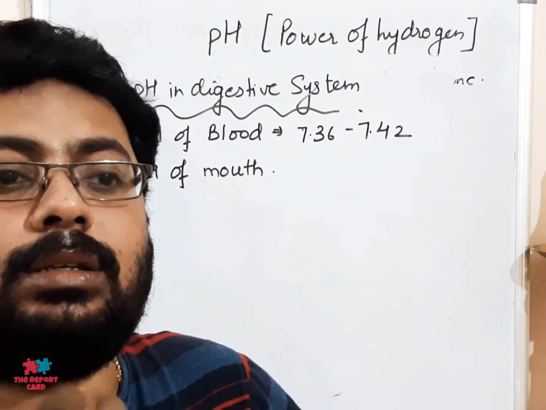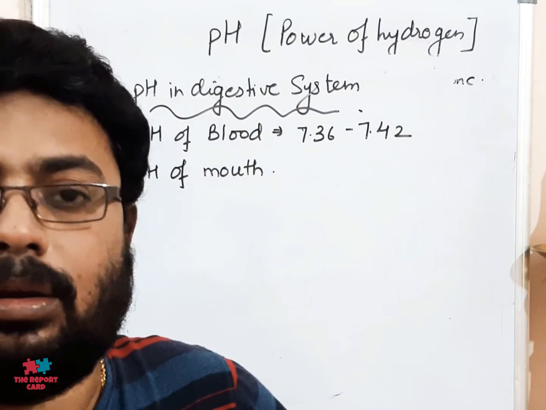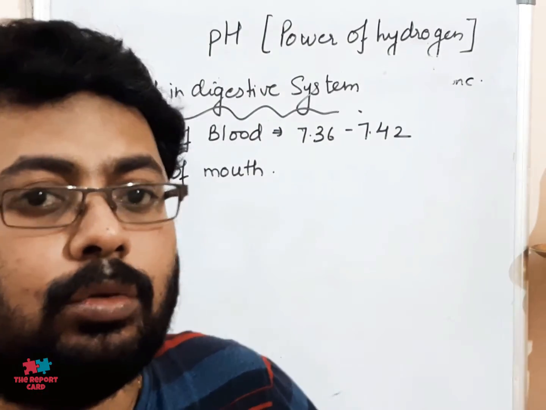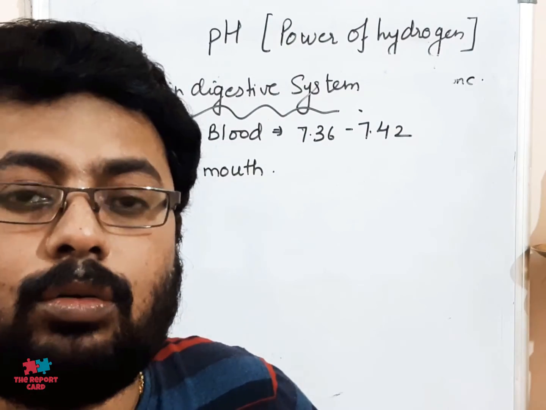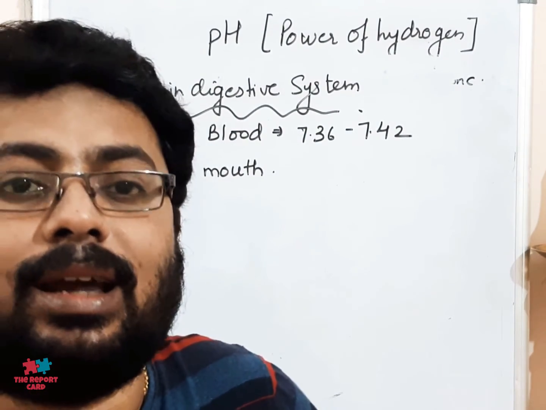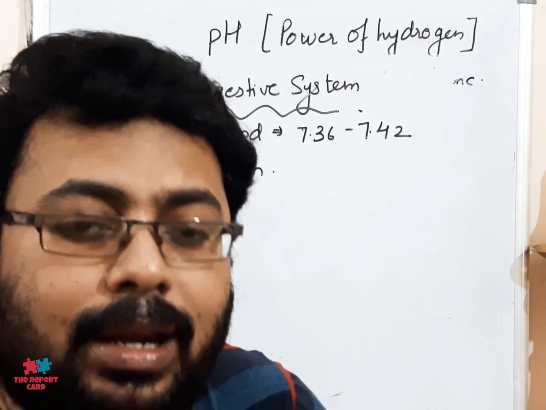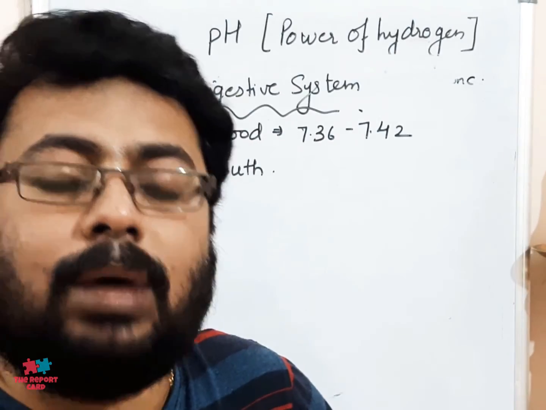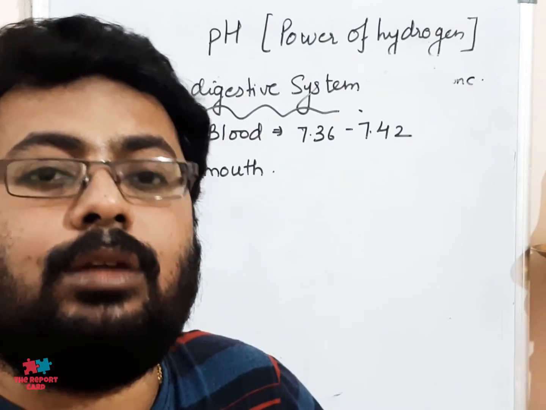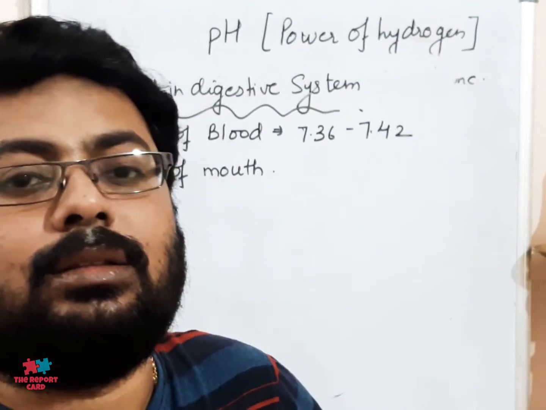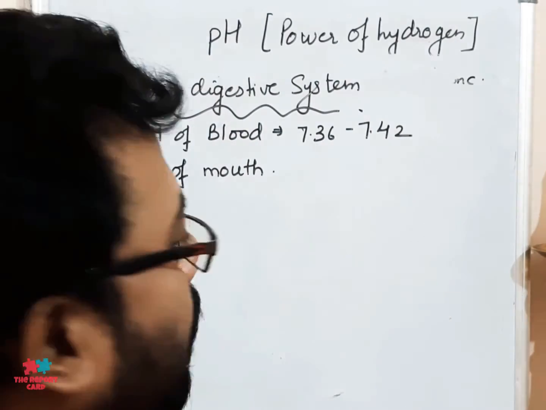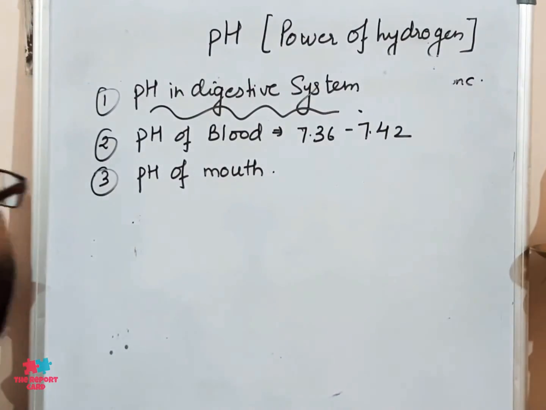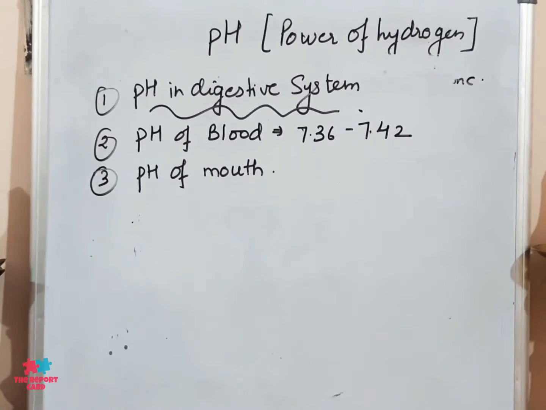This acid can corrode the enamel of the teeth. So we brush our teeth with proper toothpaste. This toothpaste is alkaline, so it elevates the pH of the mouth, getting rid of the acid and protecting our tooth enamel. So the pH of the mouth has to be alkaline, it should not be acidic.